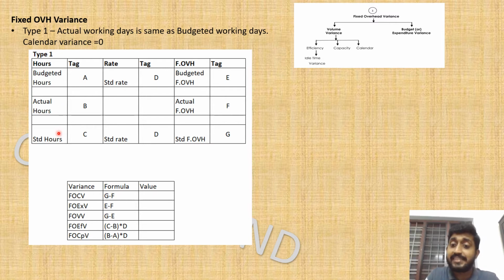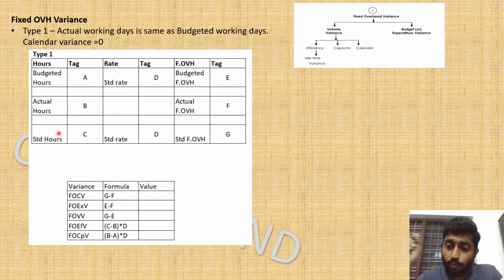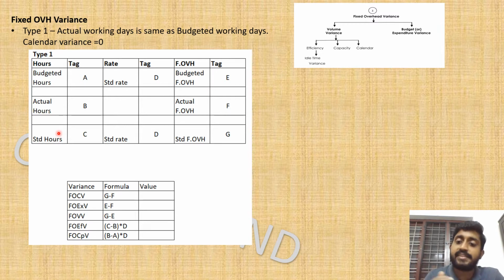So what is the standard hour? Standard hour is, for producing the actual production units, the actual quantity you have produced, what should be the standard hour? For producing the actual quantity, you have incurred actual hours, but as per standard, what should have been the hours?